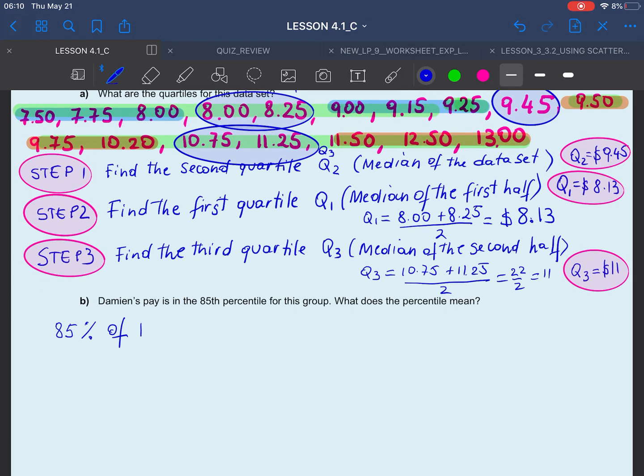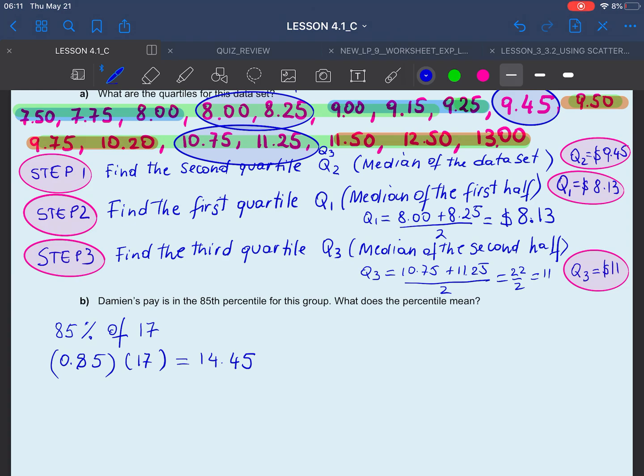So 85% of 17 members would be how much? So we're going to say that 85% of 17 is 0.85 times 17. And that equals 14.45.